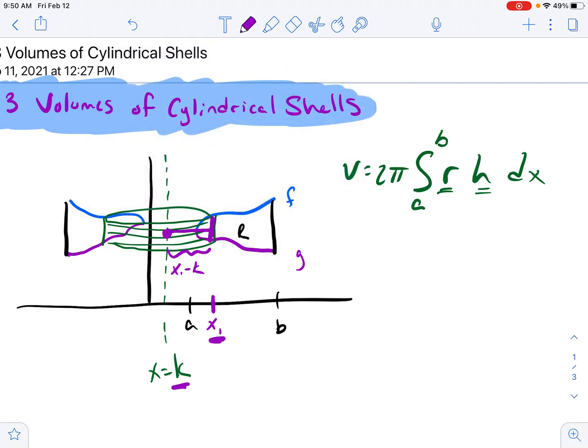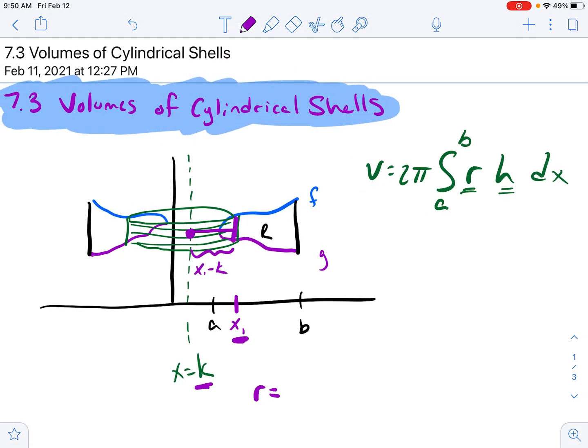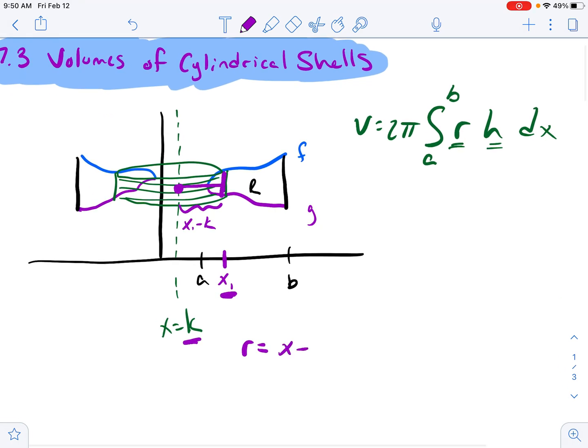So the radius is either going to be x minus the line of rotation, or the line of rotation minus x, and it depends on which one's further to the right. When we get into some examples, I'll make more sense of that. But a way that I can get around that for now is to say it's going to be the absolute value of the difference in these. So that's what I'm going to sub in for r up here in a moment.